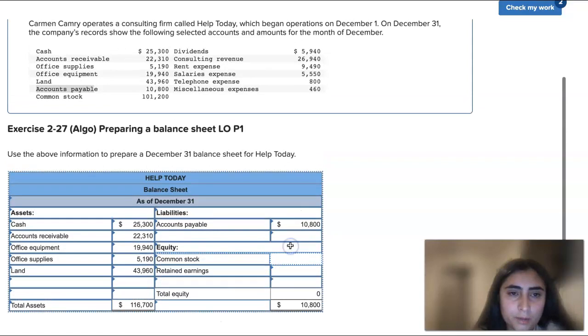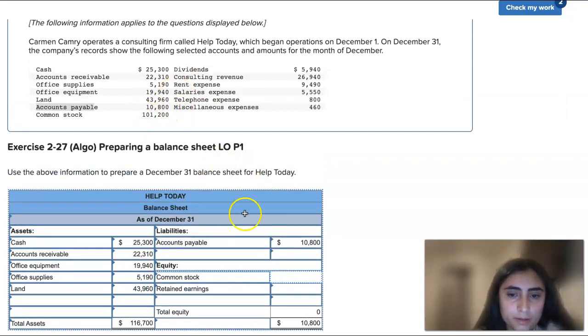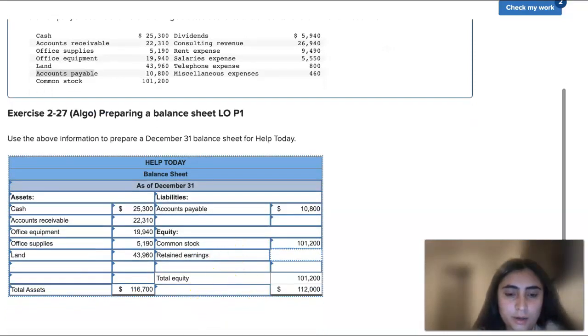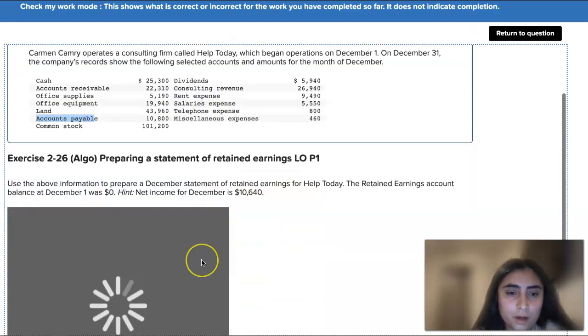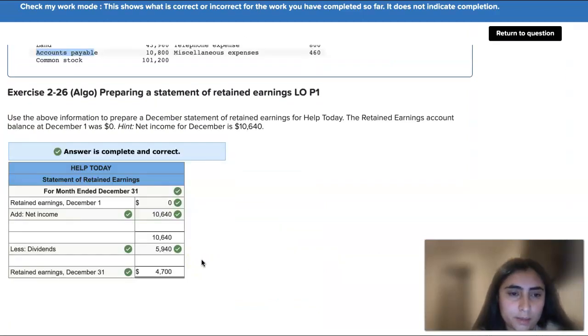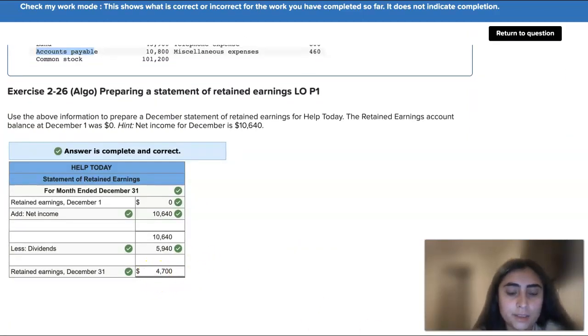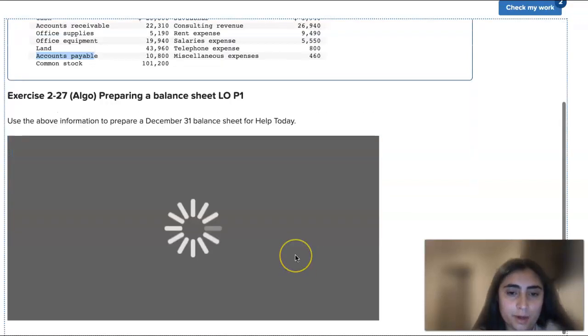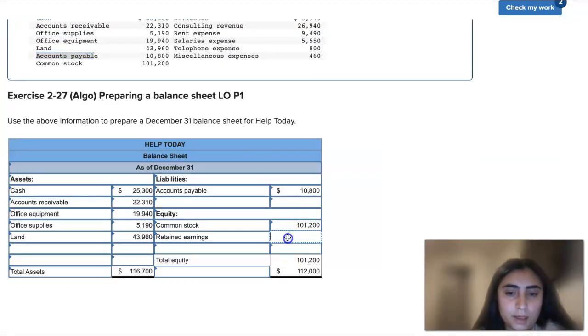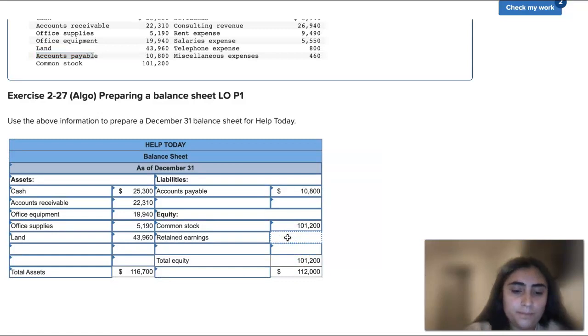Common stock we can find here. And for retained earnings, we go back to our retained earnings statement, which is 4,700.